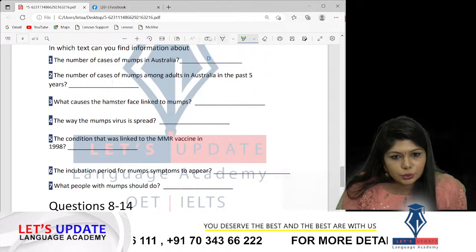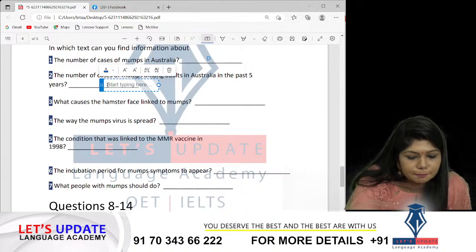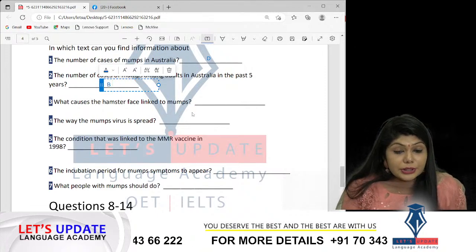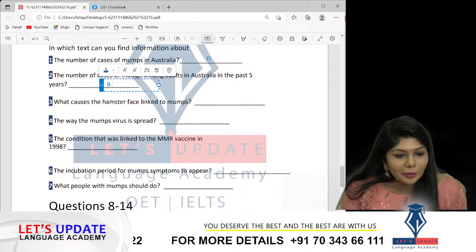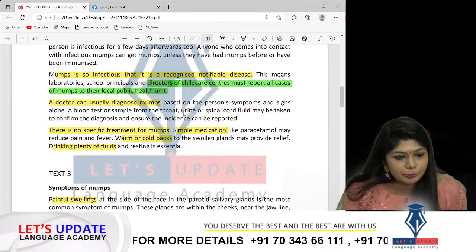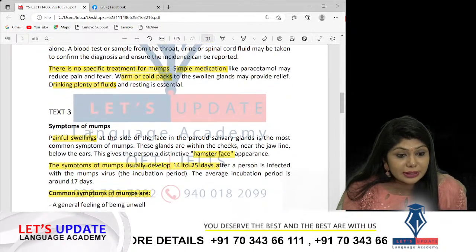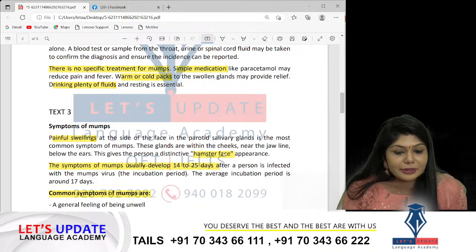And moving to question number 3, what causes the hamster face linked to mumps? Hamster face, we did talk about that, right? I think in part B. Part C. Yes, part C, we talked about symptoms and then pain and swellings, and they did mention the hamster face appearance.